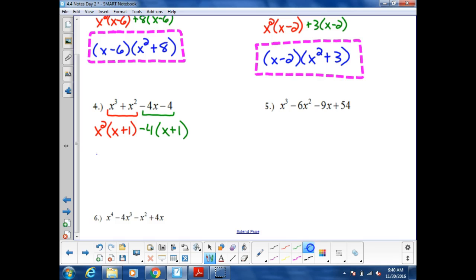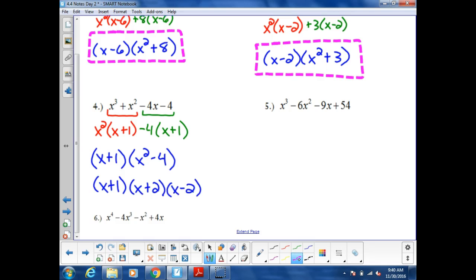X plus 1 and x squared minus 4. Okay, can I go any further? Yeah. X plus 1 and then x minus 2 and x plus 2. Good job. That's because x squared minus 4 is a perfect square minus a perfect square, so we have to go further on that one.